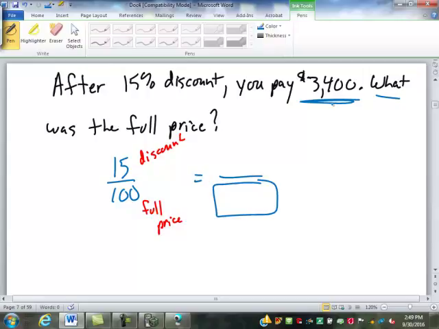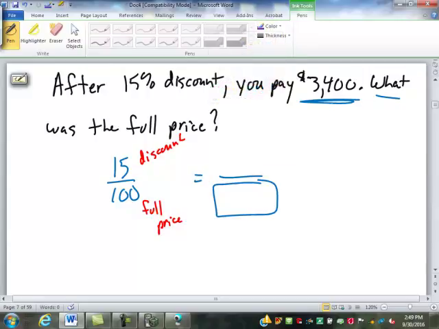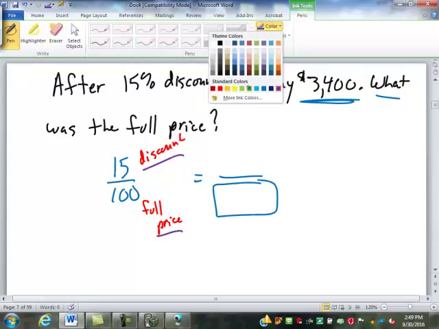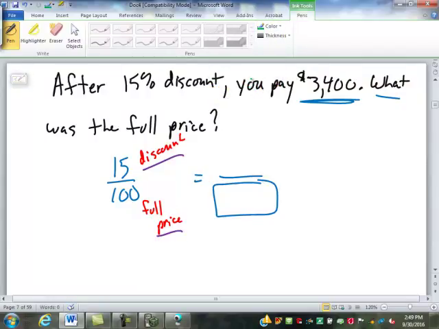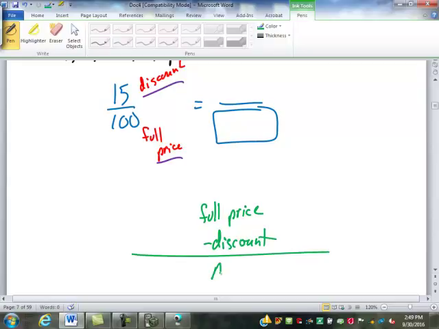It doesn't, does it? So that 3,400 does not represent the discount or the full price. So what do we have to do to solve this? Well, again, if we have the full price, we subtract the discount, it's going to give us the amount we pay.